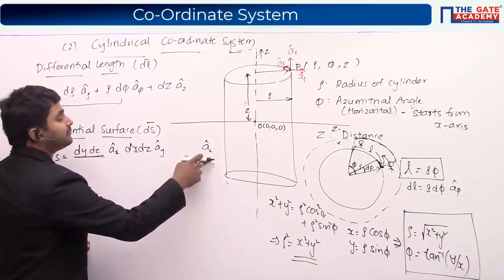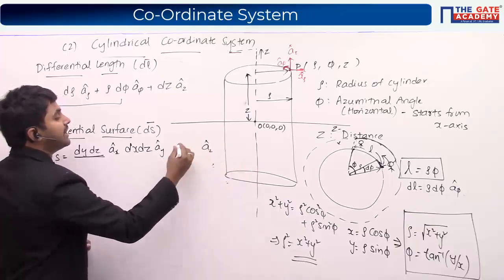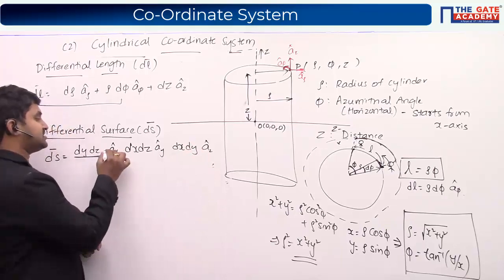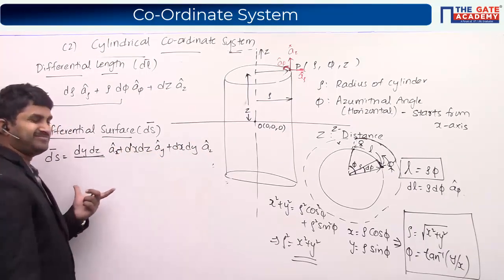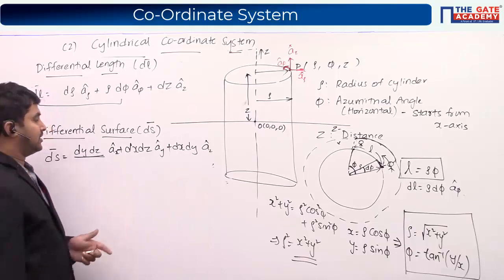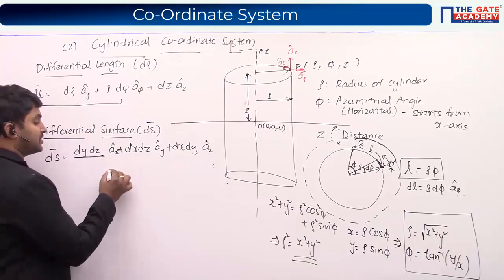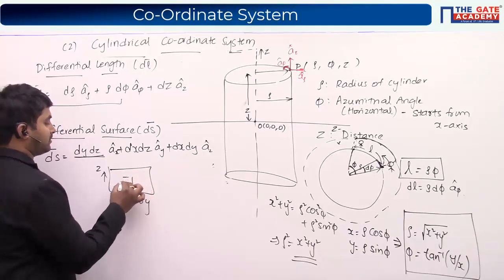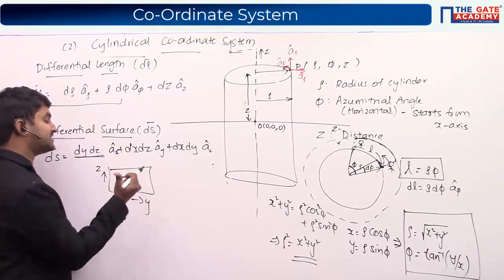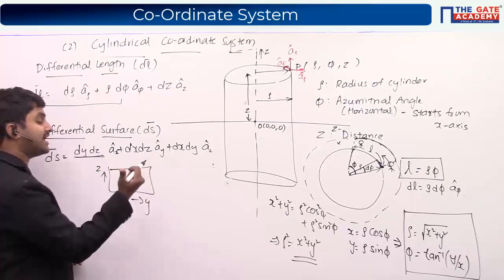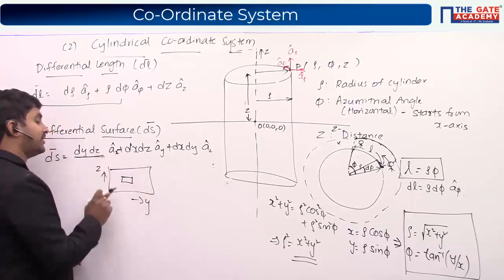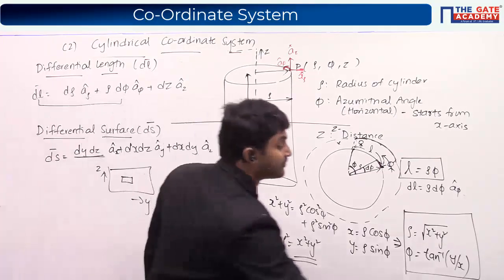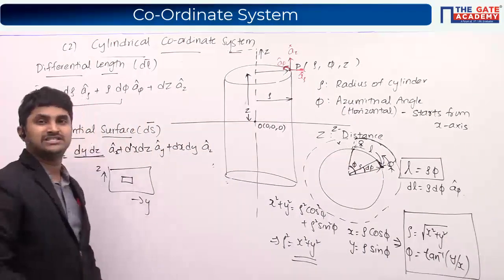If I talk about z, I will forget about z and see the change in the other two coordinates. Is this clear? If you are talking about a small part of a YZ plane, the direction is in the x direction, so we are not seeing any change in the direction of x. What we are seeing is the change in the remaining two. The same concept will be applied in the case of the differential surface for the cylindrical coordinate system.